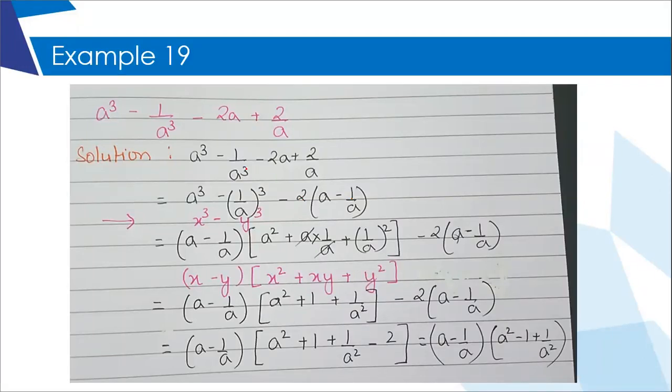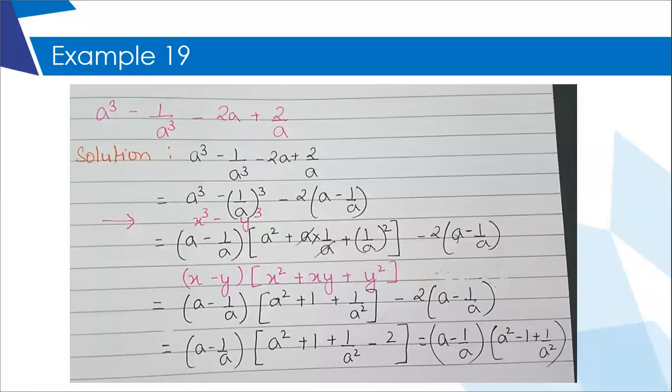So what I have done, I have just written the second term in a different manner, and from the third and fourth term, I have taken -2 common, and left over I have written inside bracket. Now only on the first two terms I'm going to apply the identity. See, with my pink pen, below a cube I have written x cube.